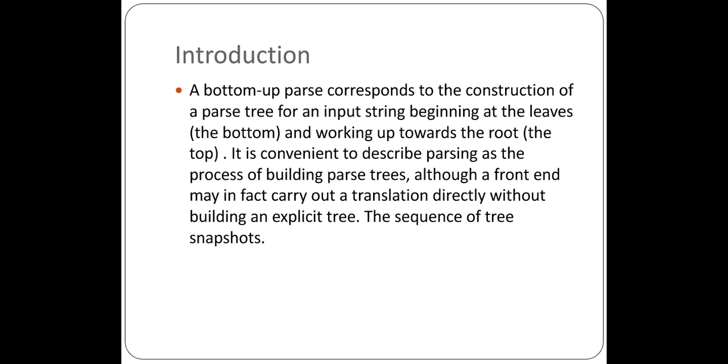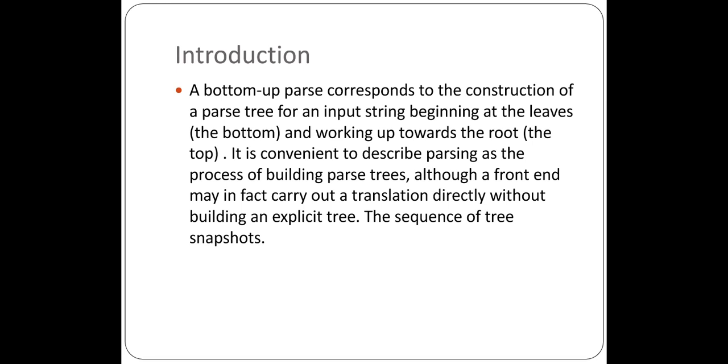As per tree terminology, we start from the leaf nodes and move towards the root node. We call it bottom-up parsing, where at the bottom you have the leaf nodes and at the top you have the root node. Whatever parsing process we do to construct the parse tree this way, we call a bottom-up parse or bottom-up parsing mechanism.